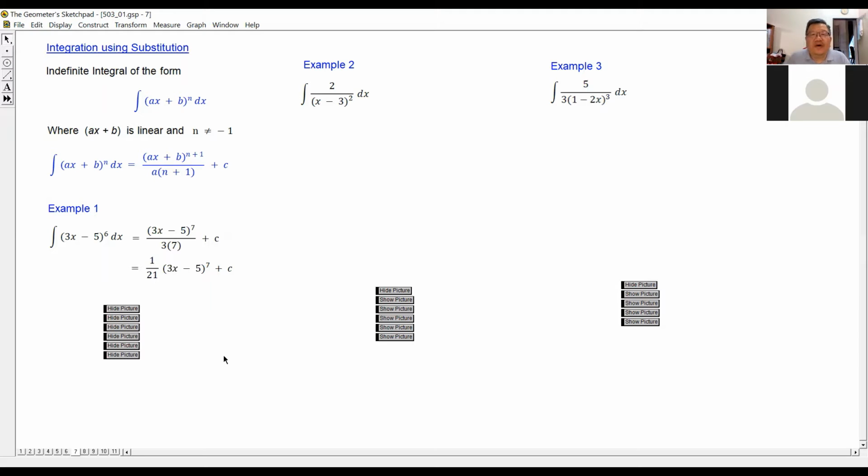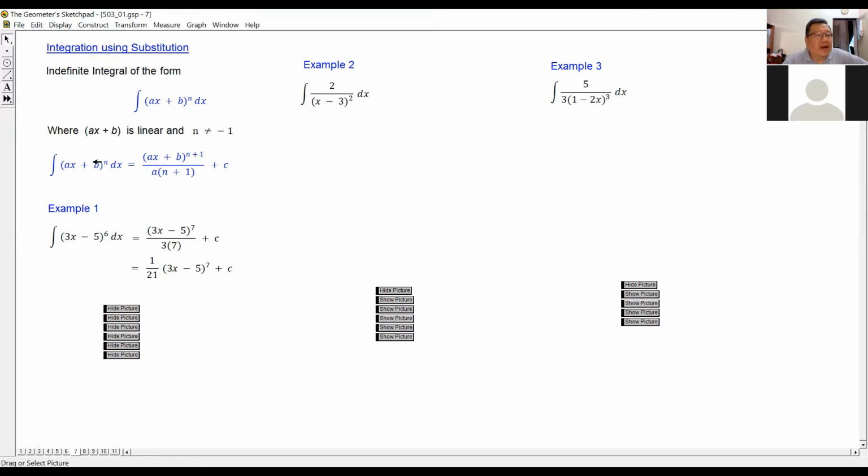Any questions so far? Do you know how to integrate this type of function? Okay, I'll give you more examples of this type of function.